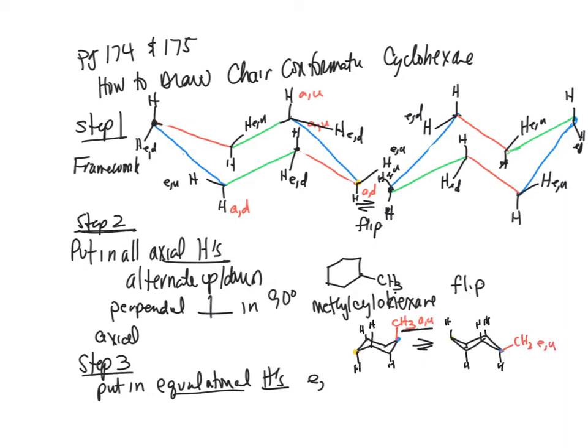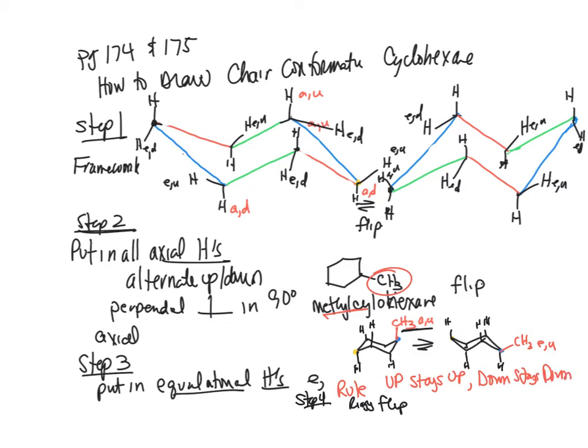So when you do the ring flip with your substituents, this is the rule, okay? If you want to do step 4, this would be step 4, the ring flip. So we're doing a ring flip. The rule is up stays up, down stays down.